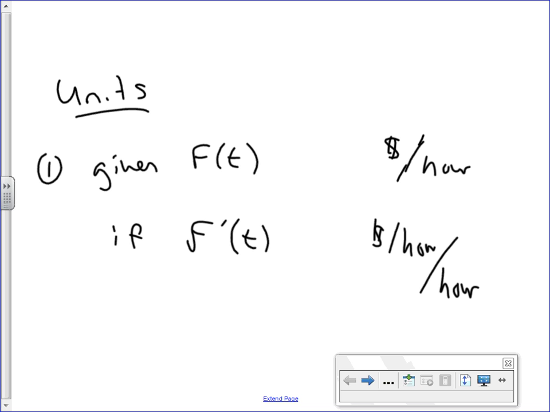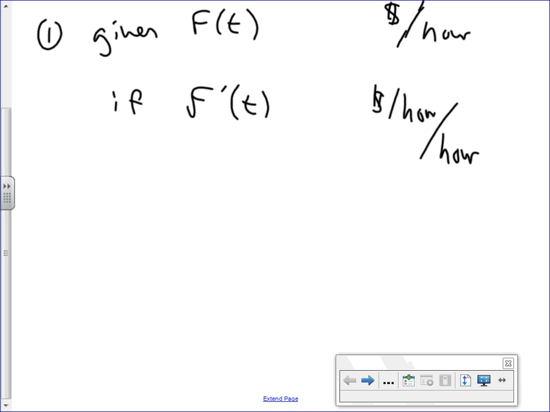How the dollars per hour are changing. Something is increasing by so many dollars per hour every hour. If, on the other hand, I go backwards and take the antiderivative of f of t, then my units are going to just be dollars.